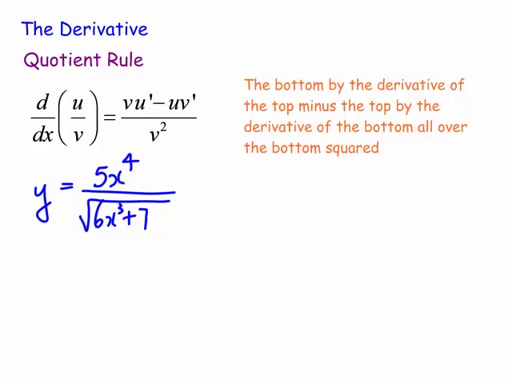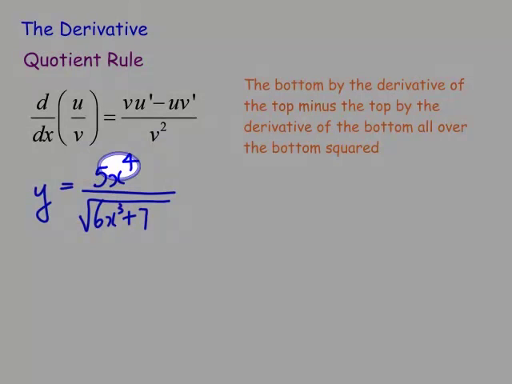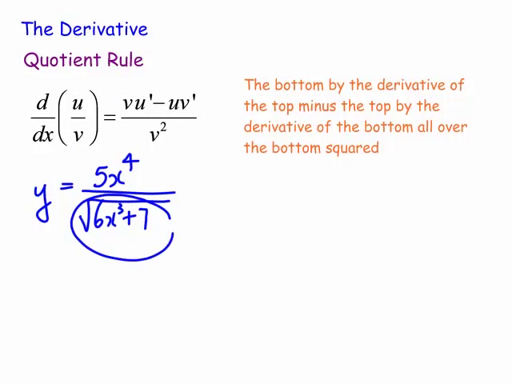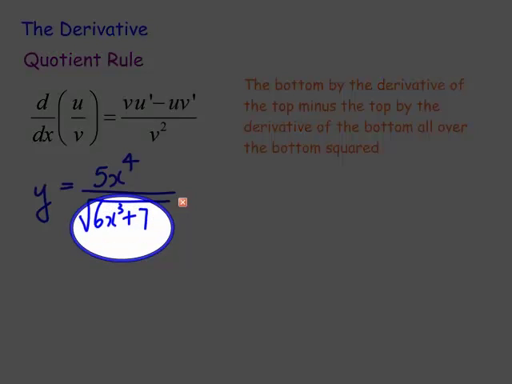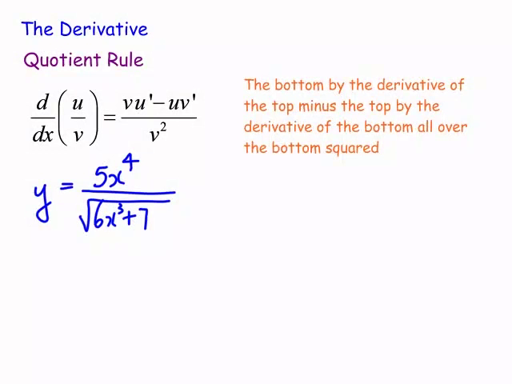Well, the first thing when you look at a function is to realize what rule you're going to need to use to differentiate it. And here, hopefully, we can see that we've got this 5x^4 over the top of this bottom function down here. So we do have a situation where we've got a top and a bottom, or a fraction, if you like, of functions. One function on the top, one function on the bottom.